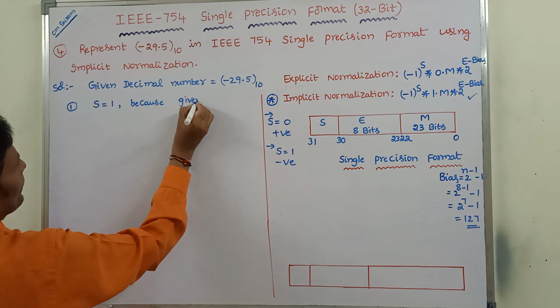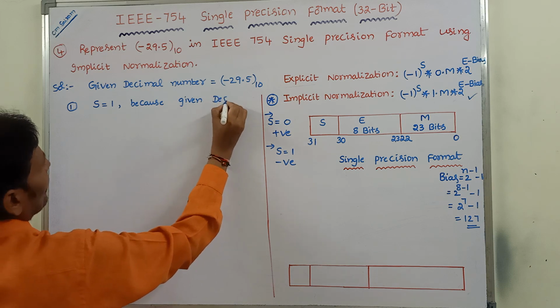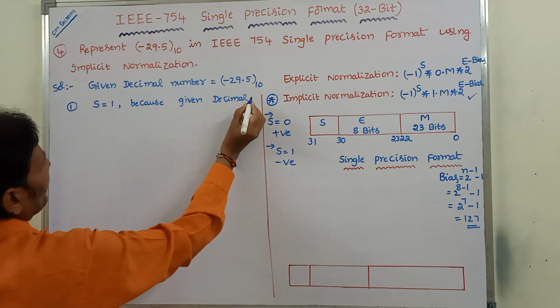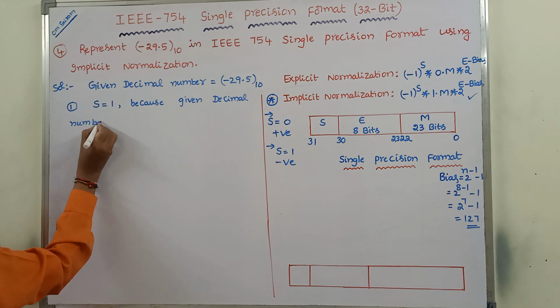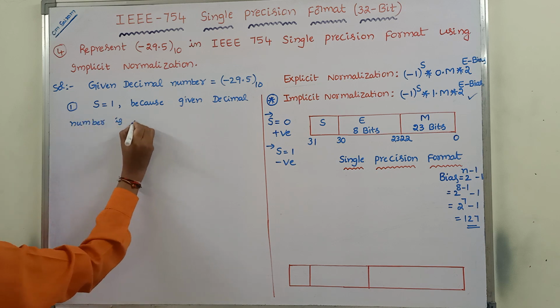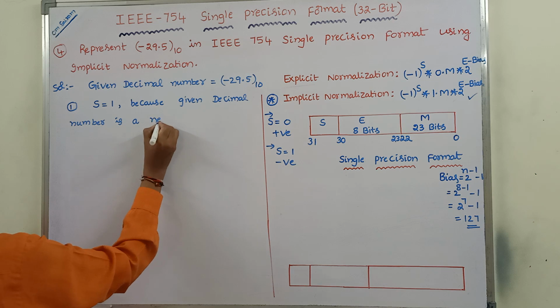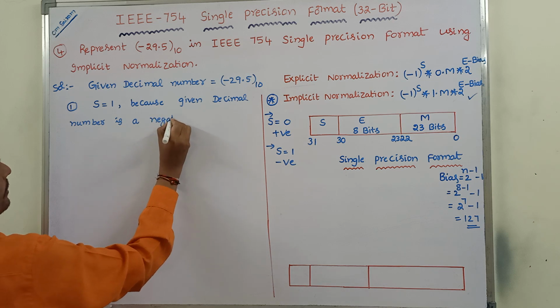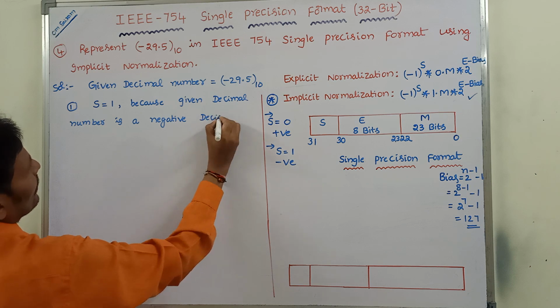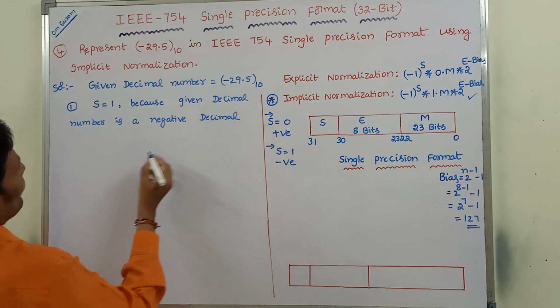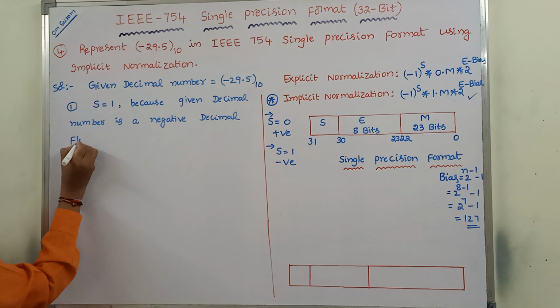because the given decimal number is a negative decimal floating point number.